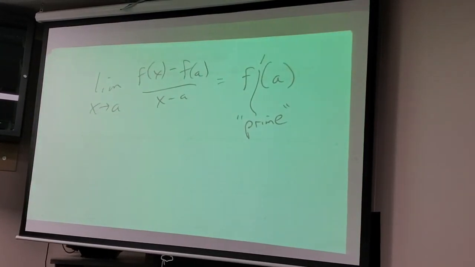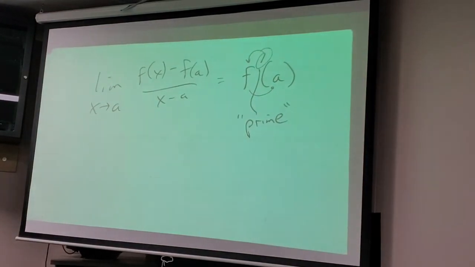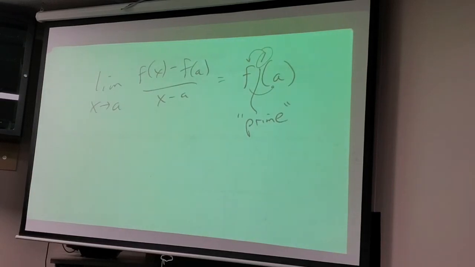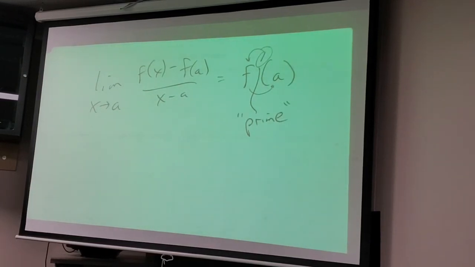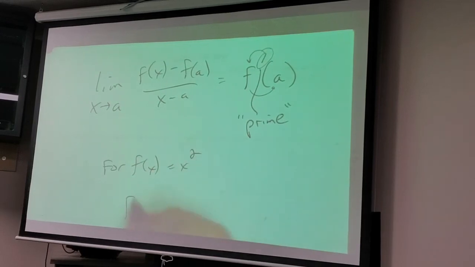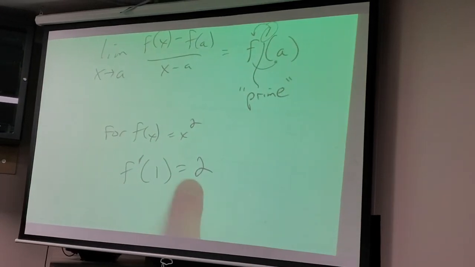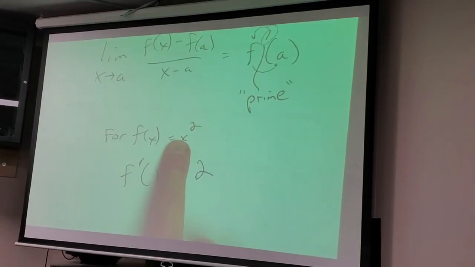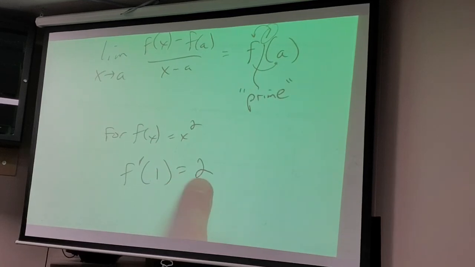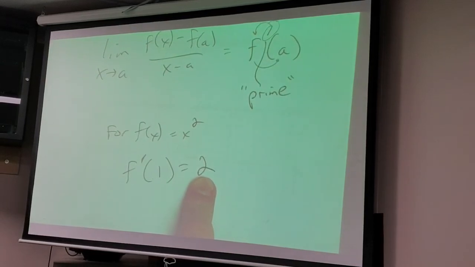F prime of A. The little prime symbol means the slope of the function at A. So for example, for f of x equals x squared, f prime of 1 is 2. So what does this statement mean? The slope of x squared at 1 is 2.